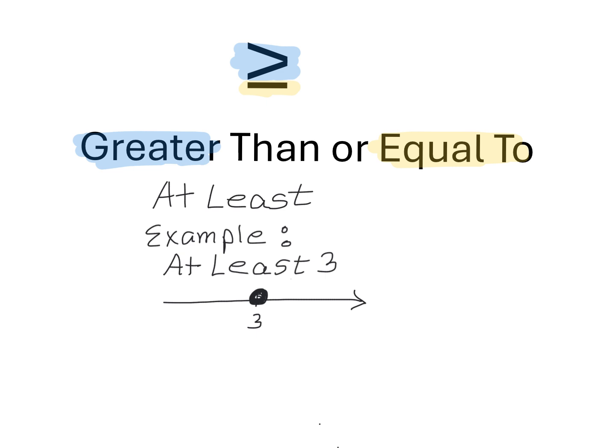For example, at least 3 means that the smallest value possible is 3. That is the smallest value that is acceptable. But anything 3 or larger is okay. So any number that is 3 or greater will work for this inequality.